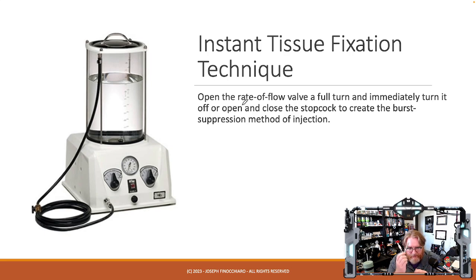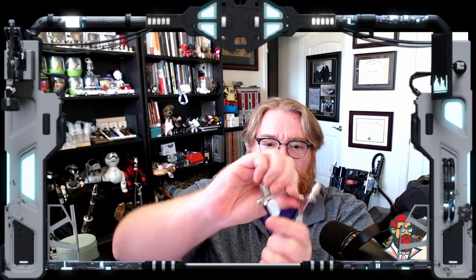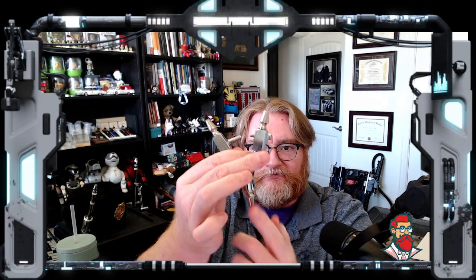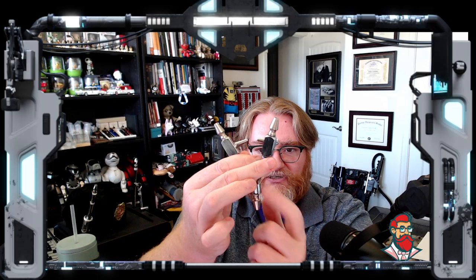So here we have a Y tube. Again, we'll go back to full screen here for a second. When your valves are perpendicular, they are closed. So what I would do is I would have my embalming machine coming into my Y tube. I would have this at 20 pounds per square inch. Now, what I can do with a stopcock is turn my rate of flow completely open.